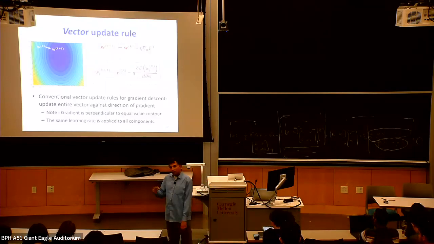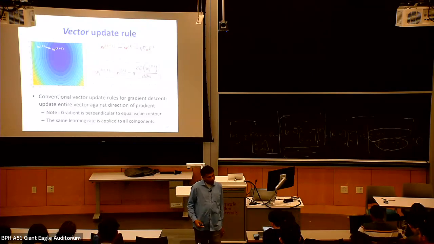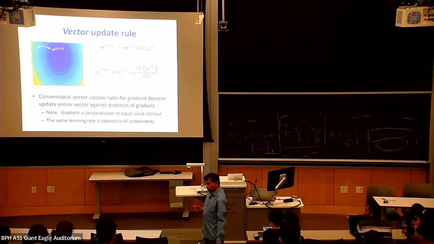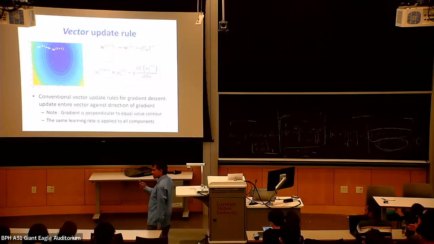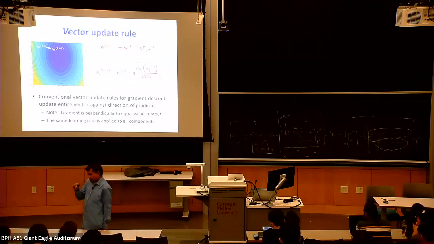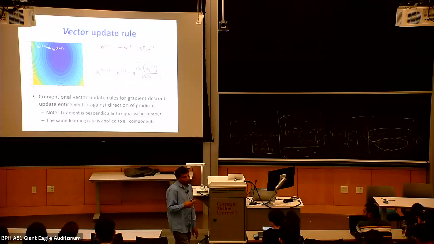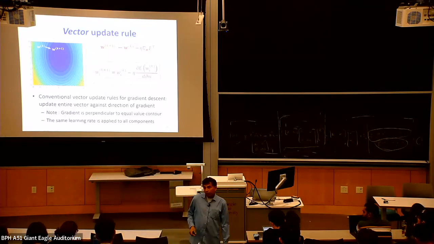Now, when I'm using a gradient descent rule, I'm always taking a step against the gradient. The gradient is in the direction of increase, so away from the center, and the step I'm going to be taking is towards the center. But we saw this a couple of classes ago: the gradient is always 90 degrees to the equal value contour.